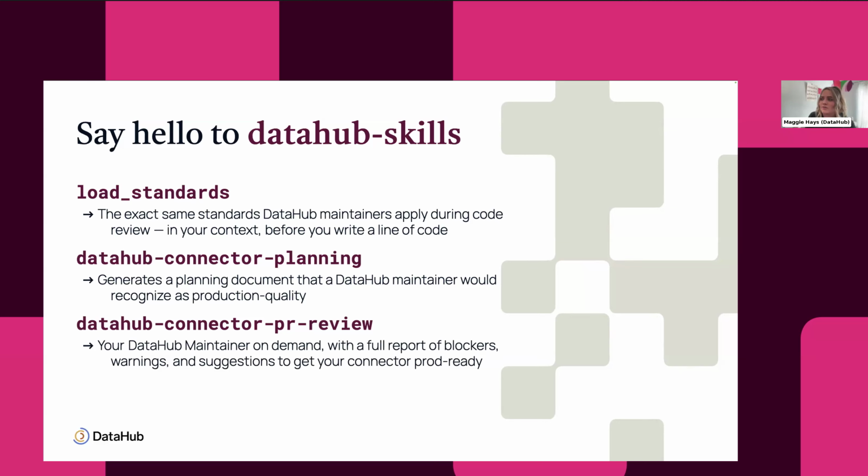You can think of this as your DataHub maintainer on demand. Someone in your back pocket to ensure the quality of your code is prod ready, so that by the time you are ready to open that PR, we can really minimize the rounds of feedback back and forth between the author and our maintainers.